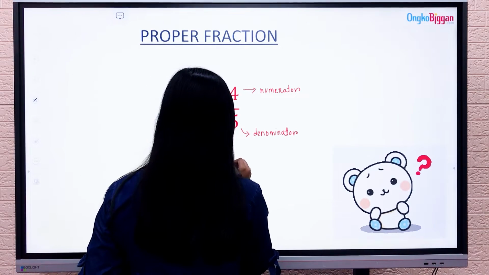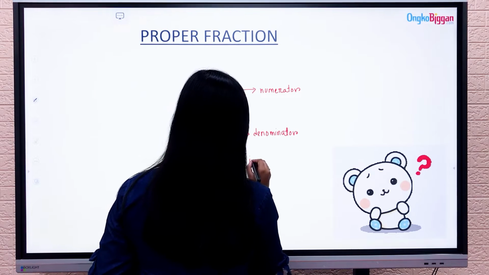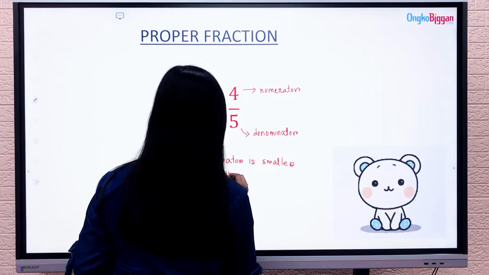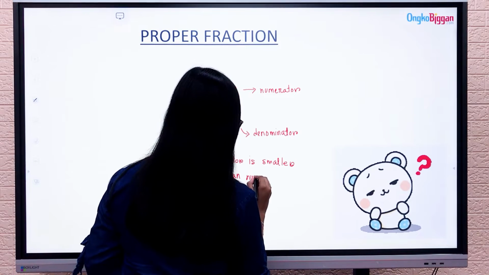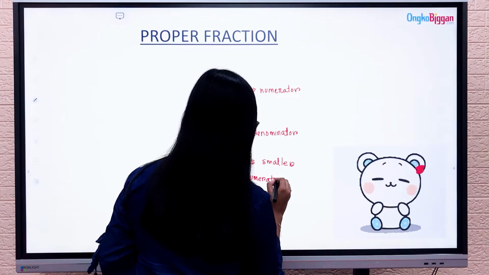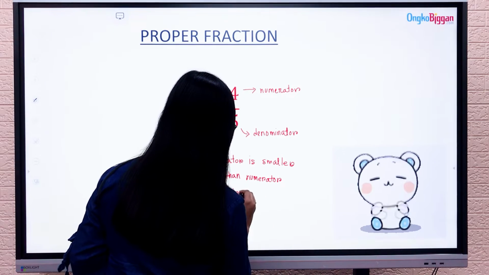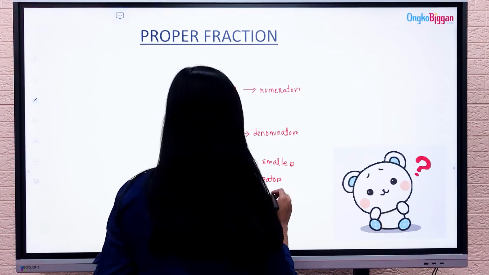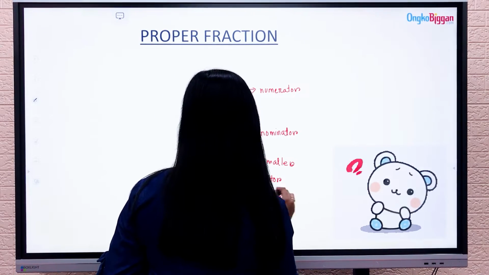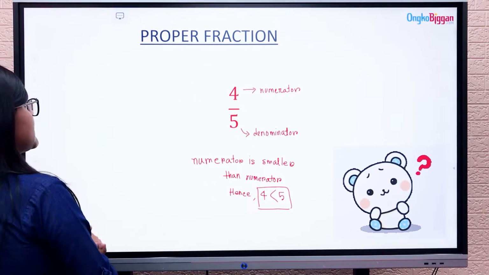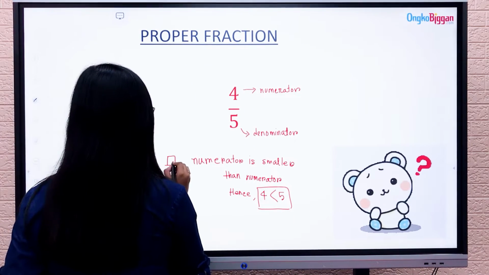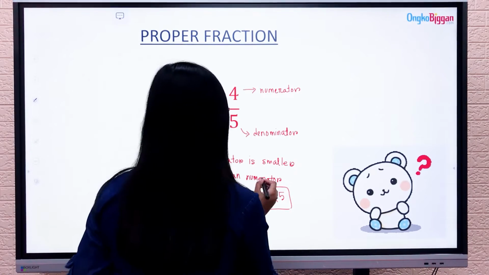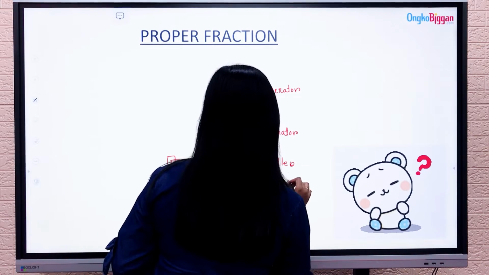Here we can see 4 is the numerator and 4 is smaller than 5. So our condition to be a proper fraction is the numerator must be smaller than the denominator.